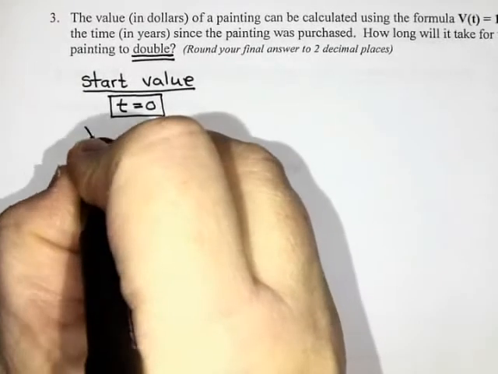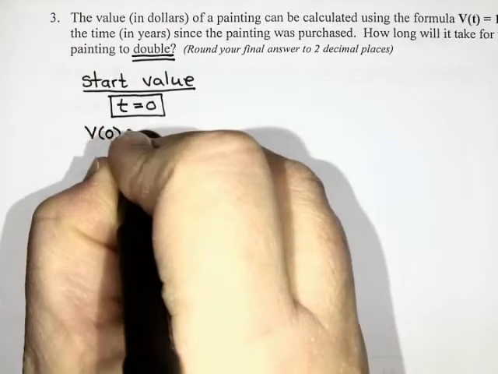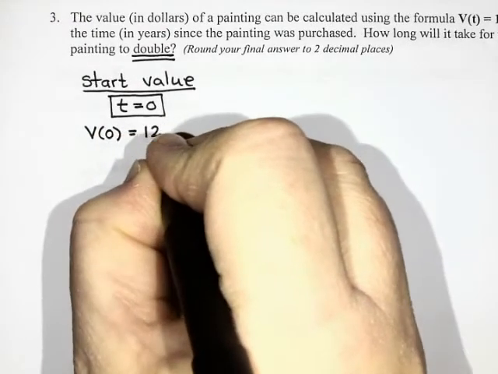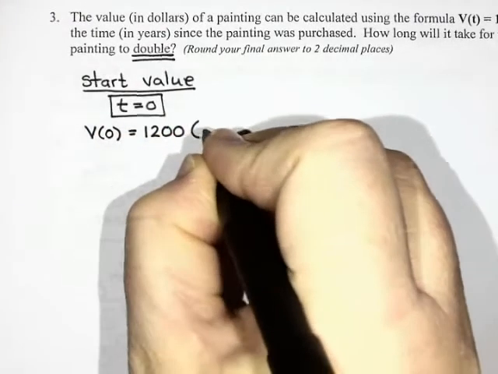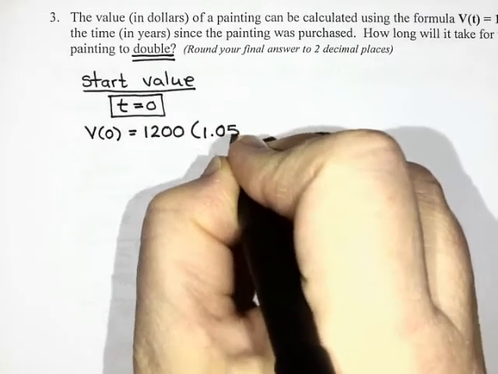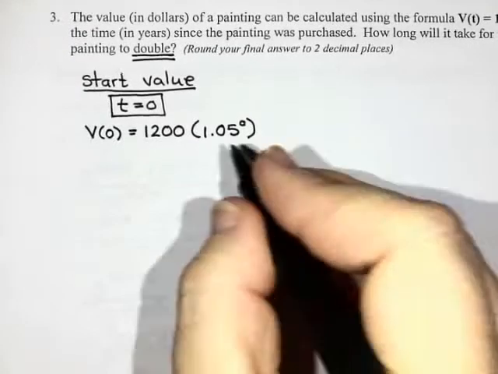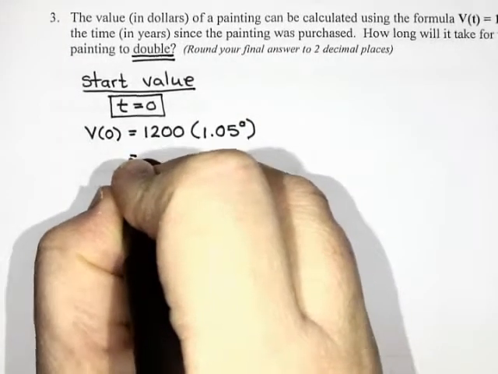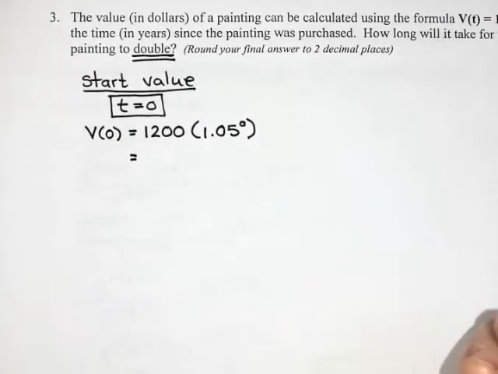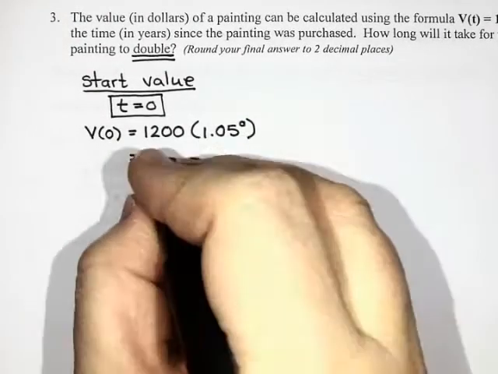So that means the value at 0 is 1,200 times 1.05 to the power of 0. Now anything to the power of 0 is 1, and then 1 times 1,200 is 1,200. You could also just type that in on your calculator.